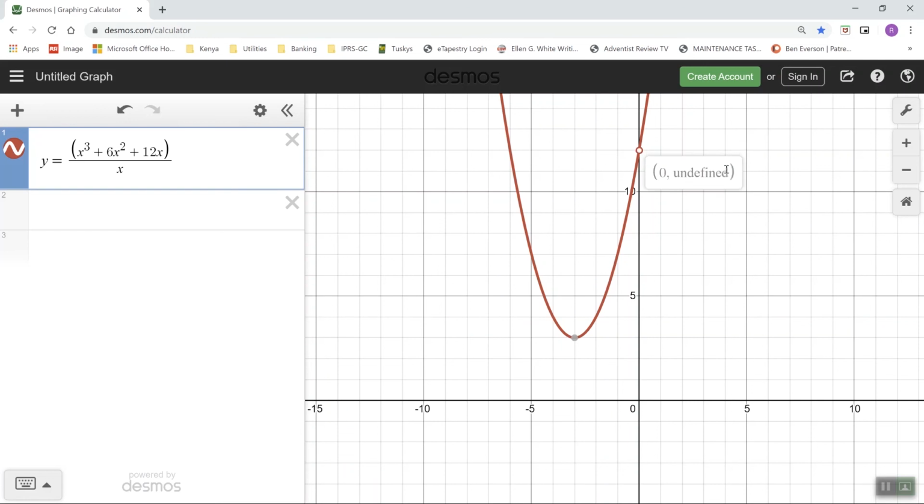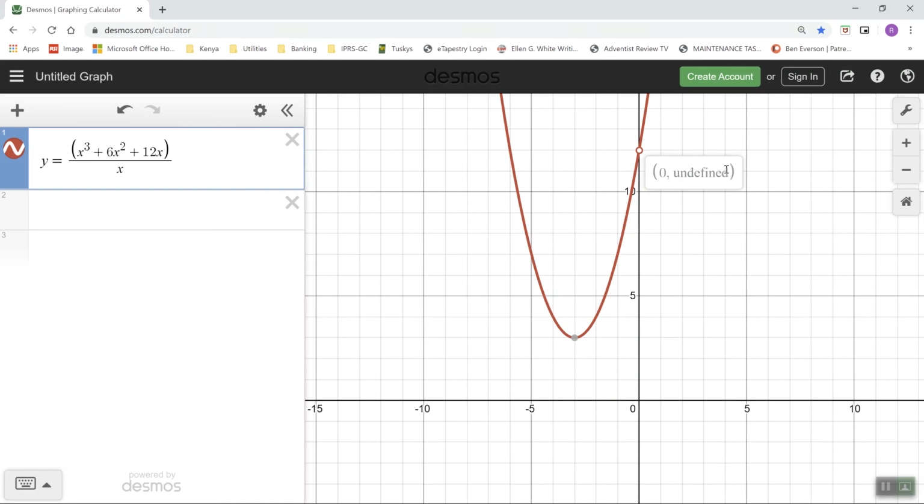Notice, open circle, undefined. That's because x cannot be equal to 0 in the original equation. So there you have it. No zeros, meaning no real solutions. And simplified form is just x squared plus 6x plus 12.